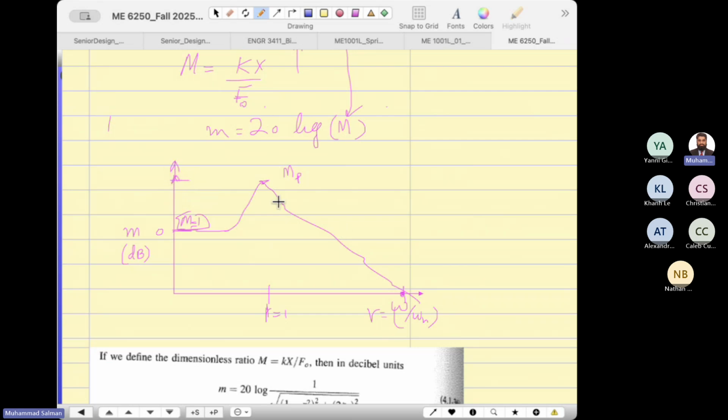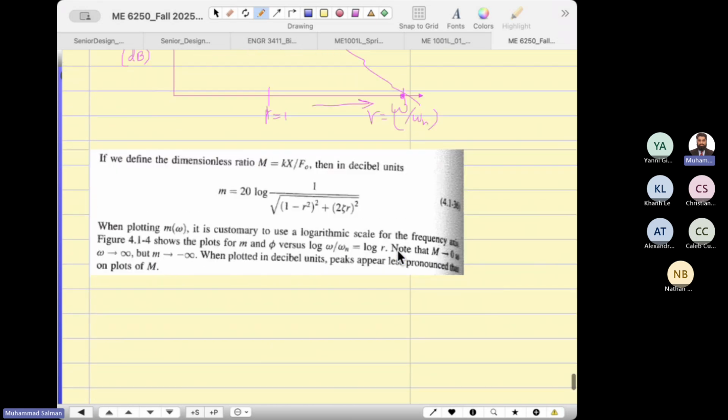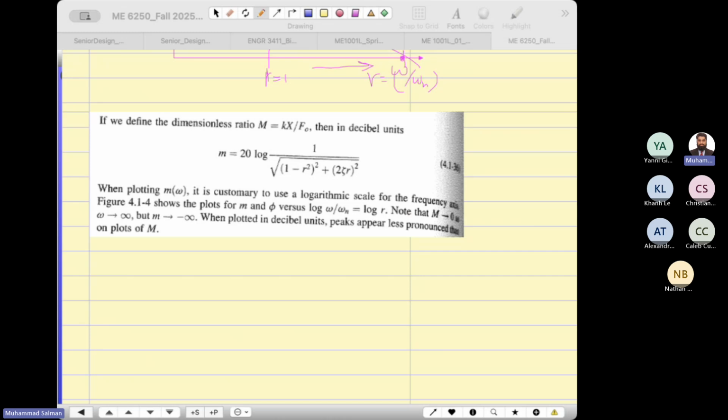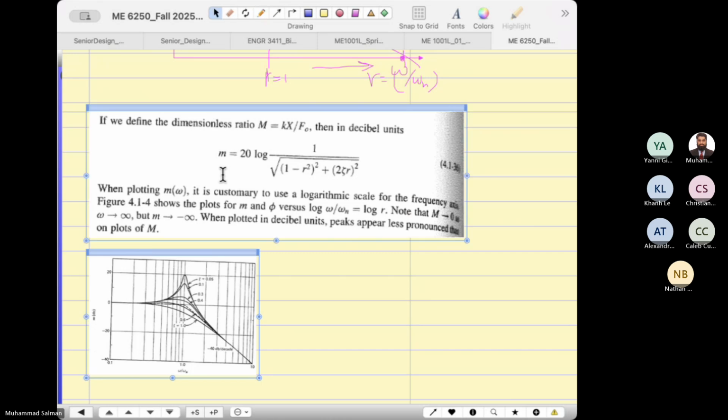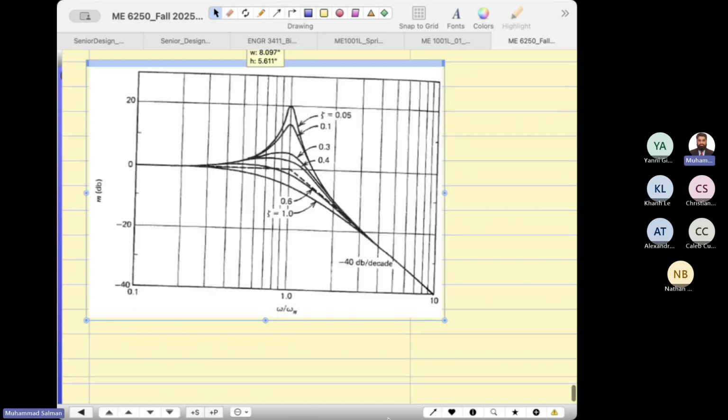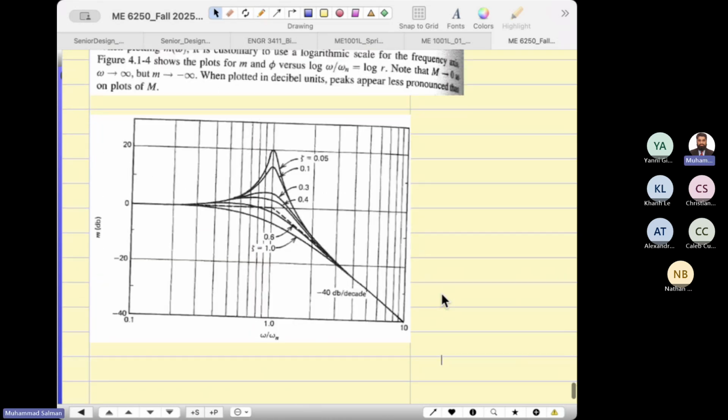But as you keep on increasing the frequency, the forcing frequency is higher, and the amplitude of the output displacement goes down. That's what you're seeing. Now you are understanding the plot in dB. We call this 1 decade.